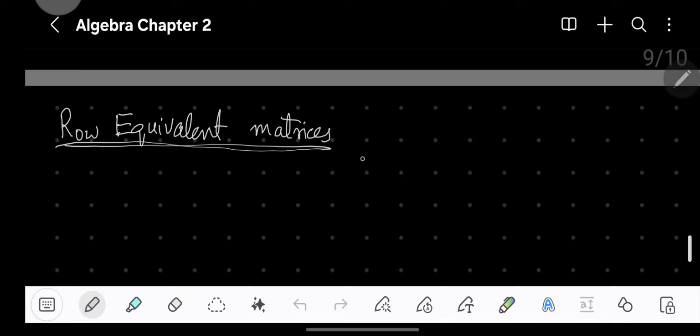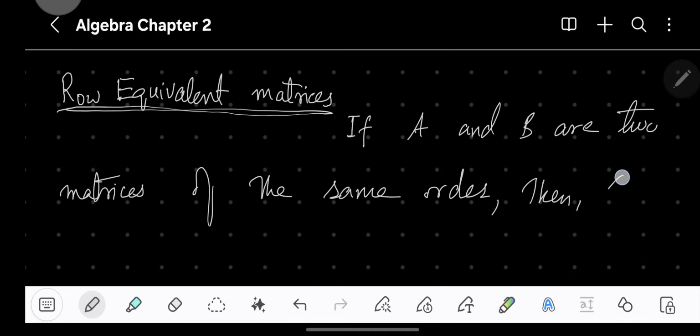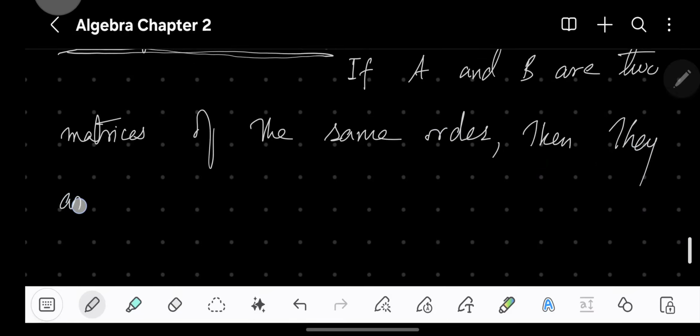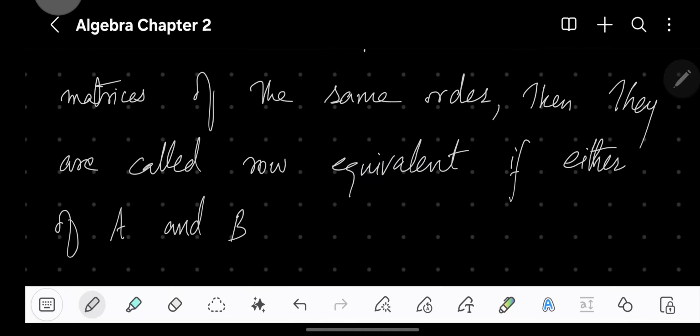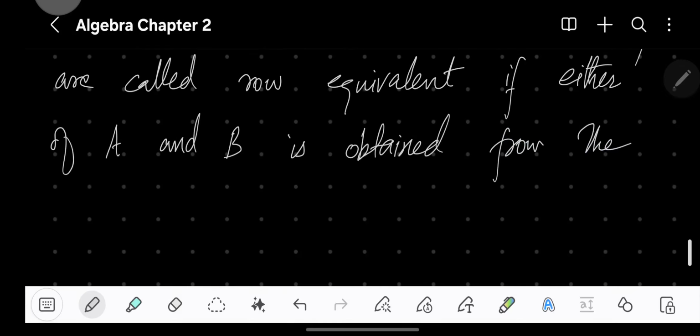If we have two matrices A and B and their order is the same, then they are called row equivalent if either of A and B is obtained from the other matrix through elementary row operations.